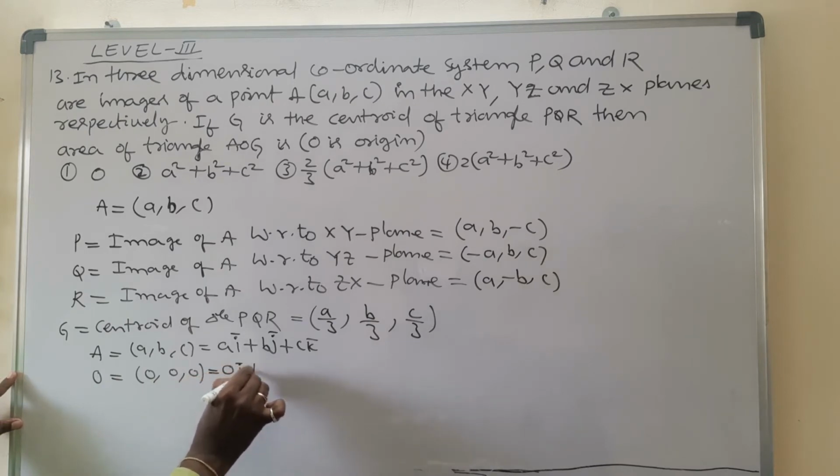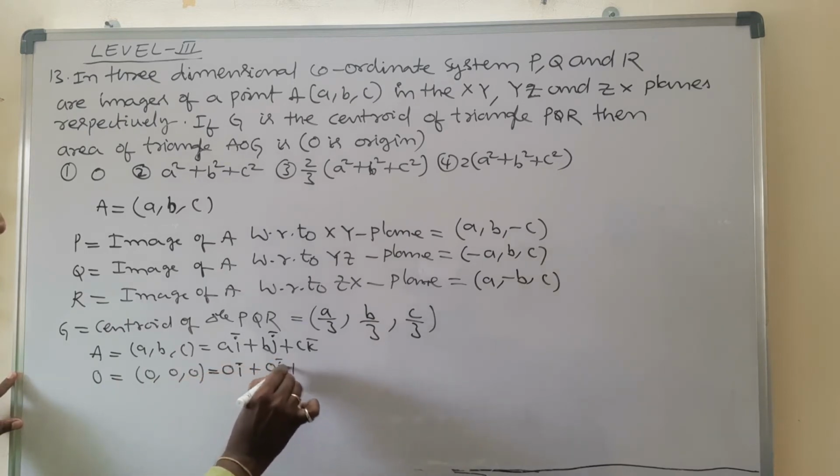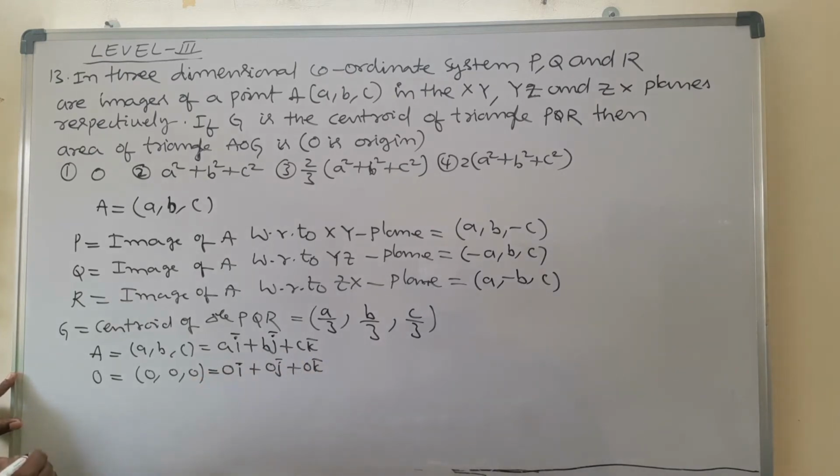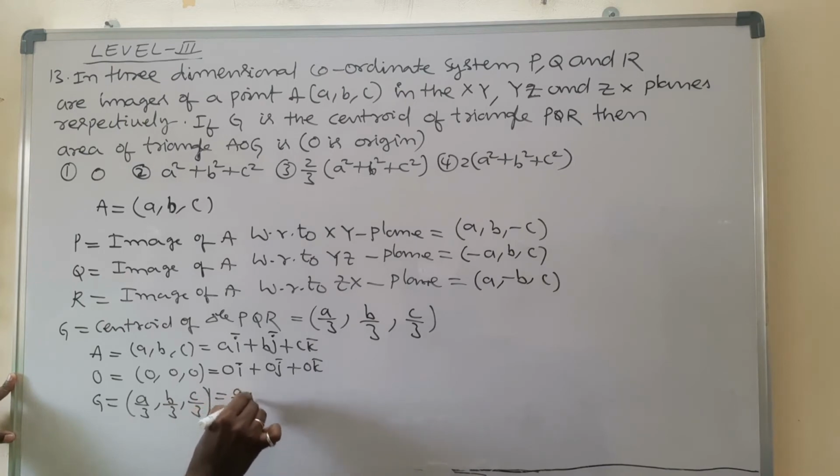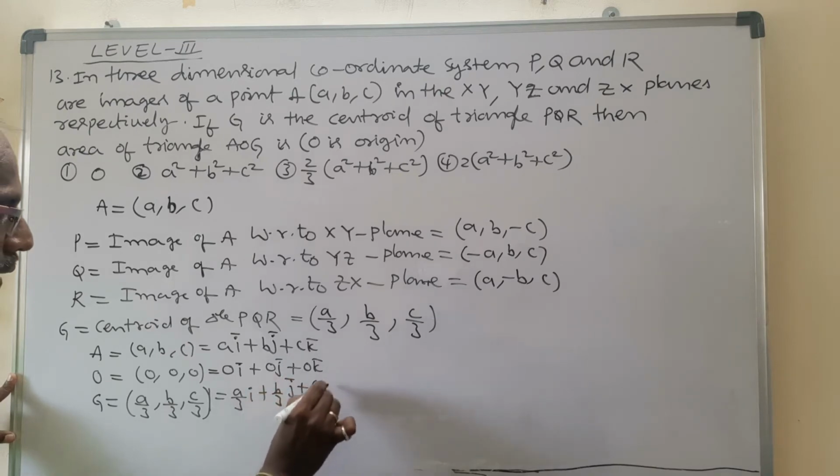And the centroid G is A by 3, B by 3, C by 3, in vector form A by 3 I, B by 3 J, C by 3 K.